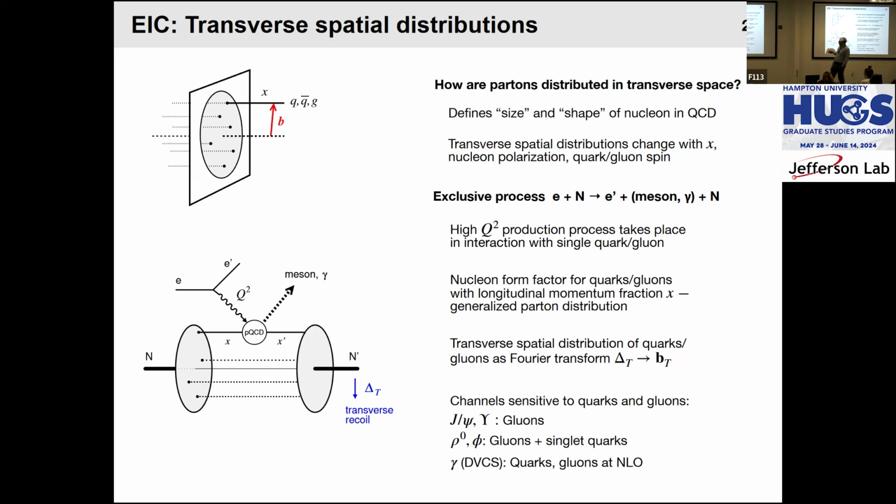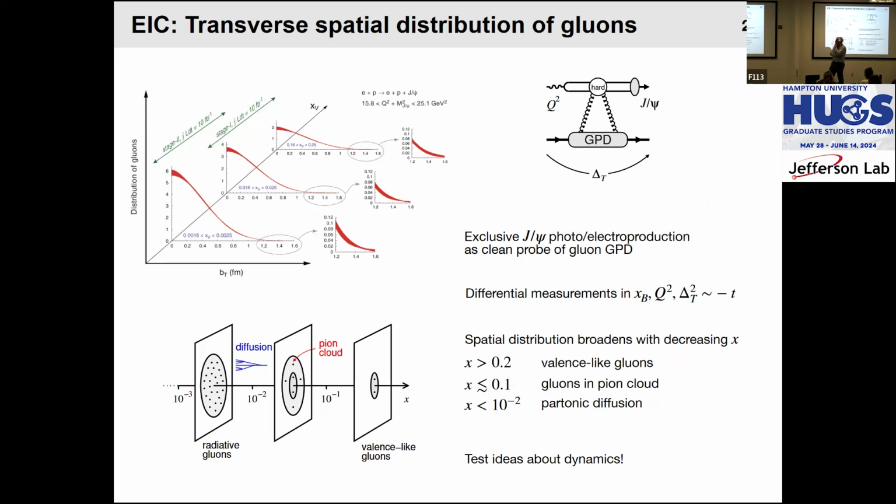Processes like rho zero and phi production probe a mix of gluons and singlet quarks. Processes such as deeply virtual Compton scattering, the production of a real photon, probe mainly quarks, but also gluons at next to leading order. So we have a whole range of processes with which to separate quarks and gluons here.